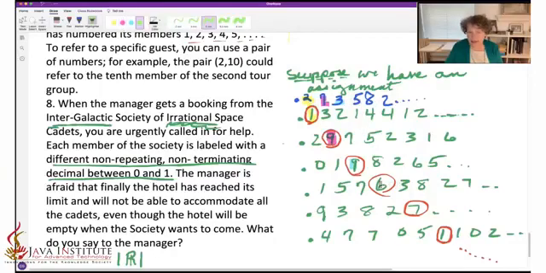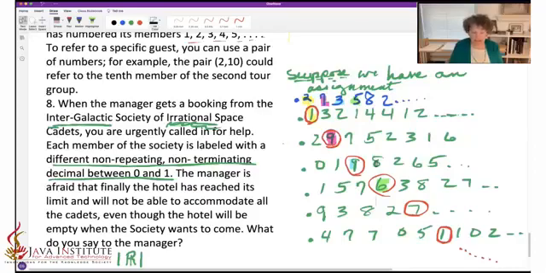This one and this one are different in the fourth place. So for two numbers to be different, all you have to do is show they're different in one decimal place. Then they're not the same number. Okay? So here's what you have to tell the manager. You have to say, manager, I cannot do it. There's way too many people.